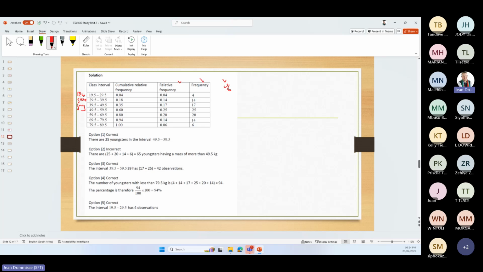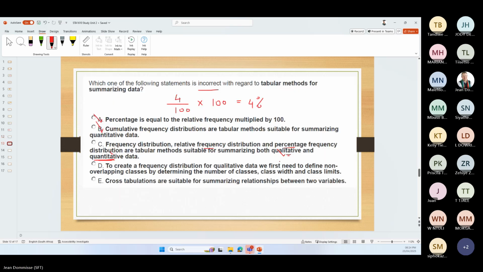Or blue, green, and gray cars, because when it comes to qualitative, the only thing that we can't do is go the next level and use cumulative, because we can't. Okay, so that's the big difference between qualitative and quantitative when we're using frequency tables.